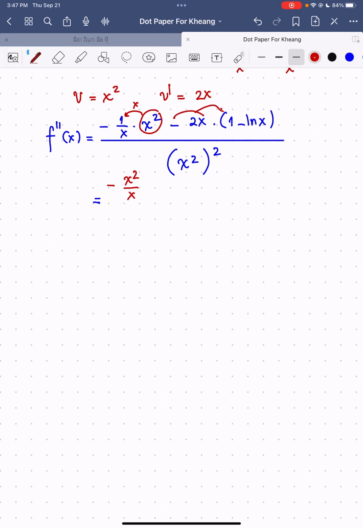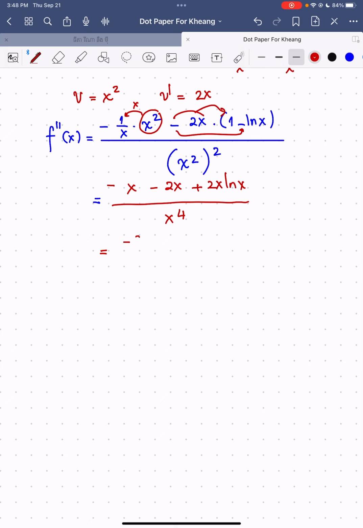Or you can just expand, so that will be negative 2x plus 2x ln x. But in this case x squared over x equals x.